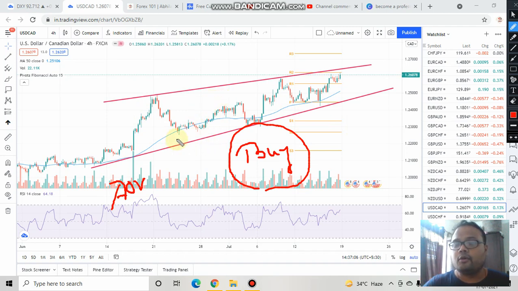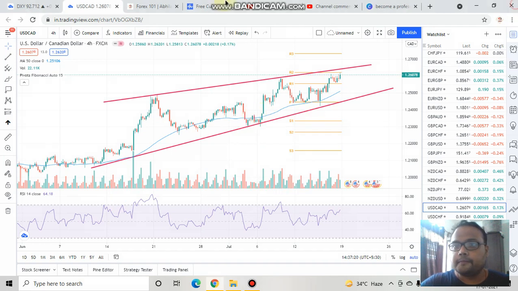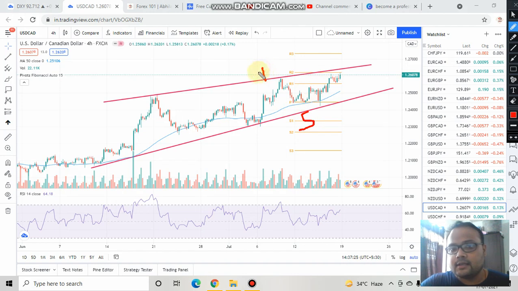In your charting platform or trading platform also, you can easily draw these lines, and once you draw these lines, the picture will be crystal clear to you. This level is acting as a support, and this line is acting as a resistance for the market. So considering the thumb rule of the market, buy at support. The first and the safest trading opportunity in this market is to buy at the support level.